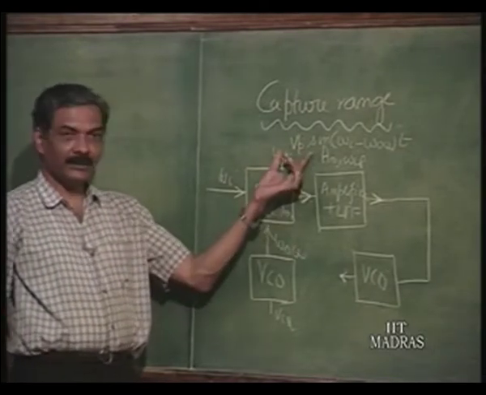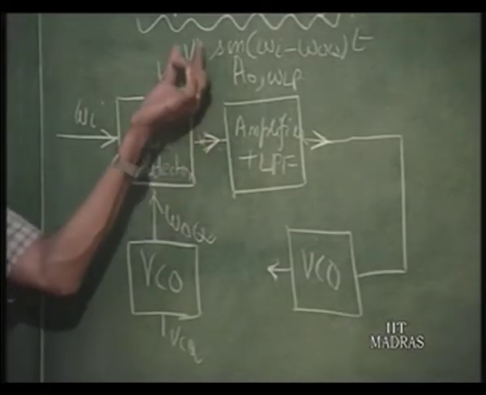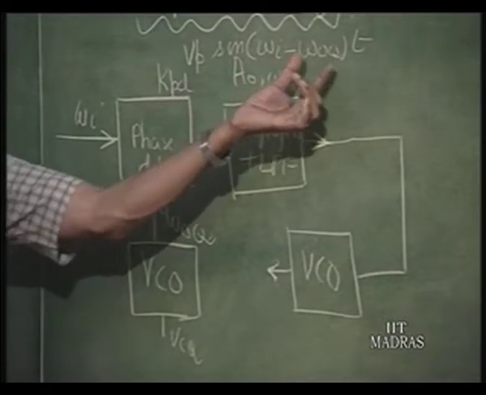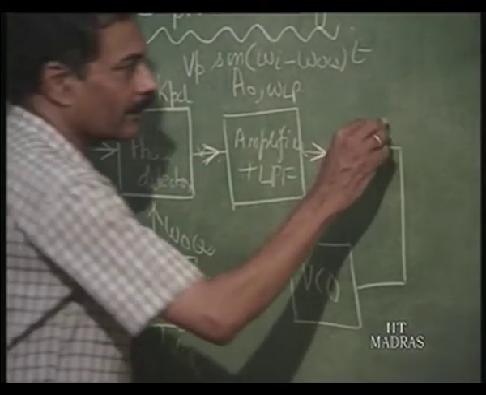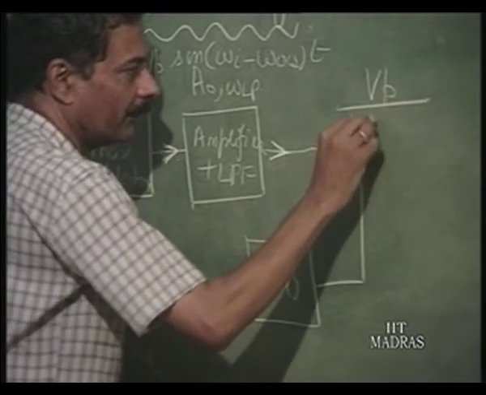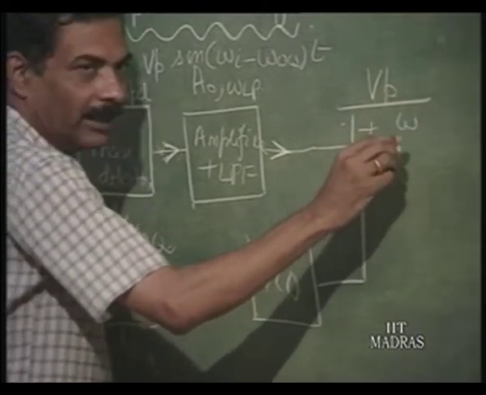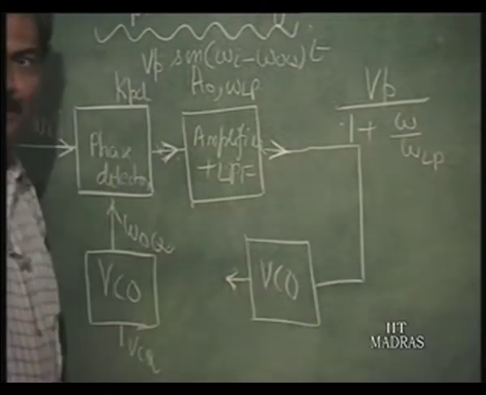If this is the output here, some peak voltage V p into sine of omega I minus omega naught q into t, then the low pass filter output will be V p divided by the square root of 1 plus omega by omega L p whole squared. What is the omega?